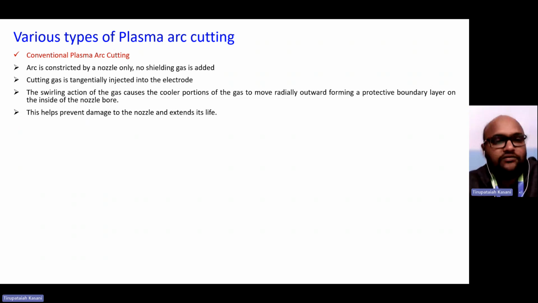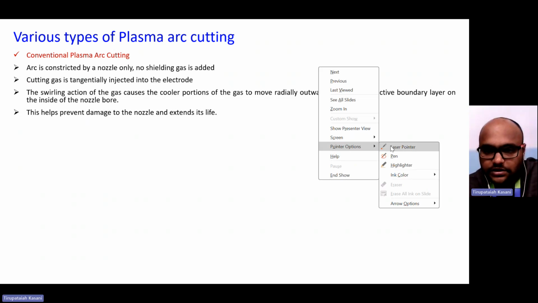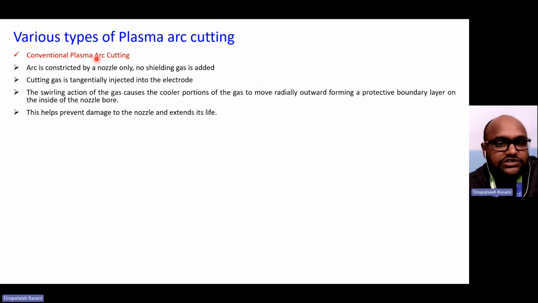See here, conventional plasma arc cutting, what it is. Let me activate this laser pointer. Arc is constructed by a nozzle only, meaning there is no need of a separate electrode. No shielding gas is added.